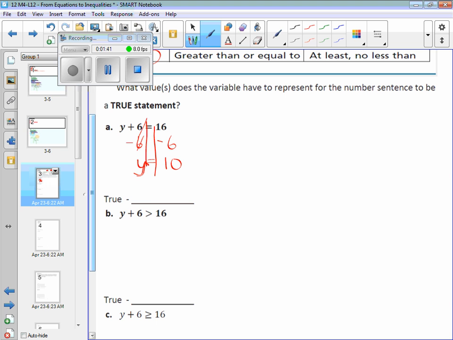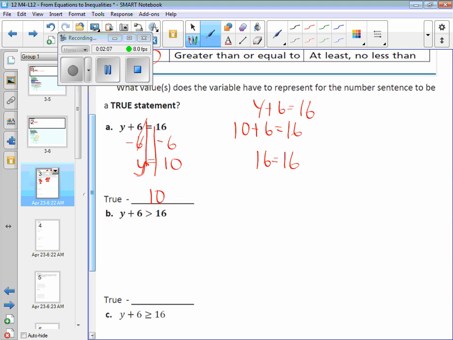10. When we substitute it in, only one value will make this equation true, and that's y equaling 10. Okay? Clear on that?